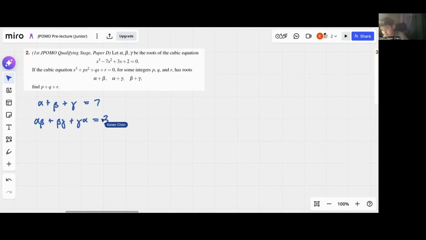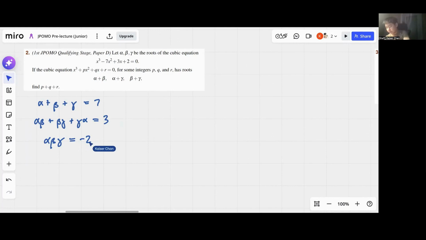And then lastly, alpha beta gamma here is -2. So I'll just give a brief introduction for those who don't know where these came from.